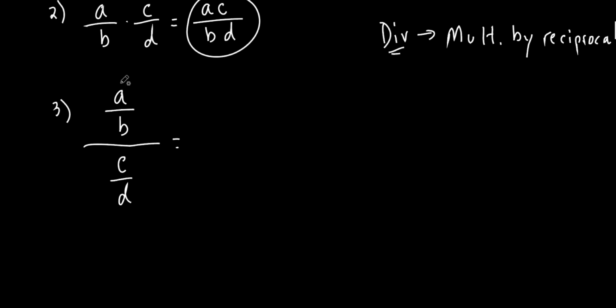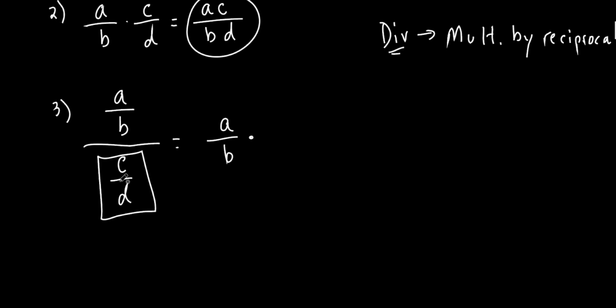So let's do this. What we're going to do is take the top divided by the bottom. Everybody see it? So you keep the top exactly the same. So what would the top be? A over B. Instead of dividing, what is division? Multiplying by the reciprocal. So I'm going to multiply by the reciprocal of this one.